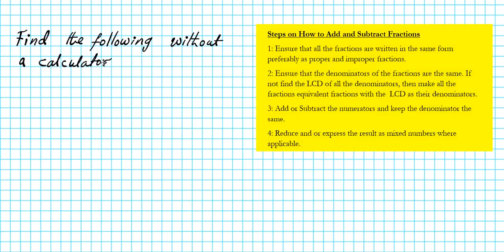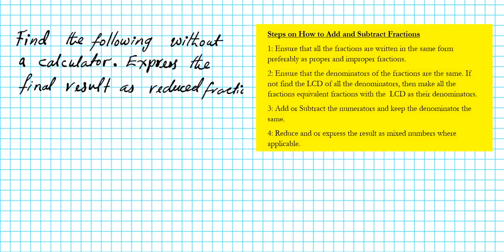And then we are to express the final result as reduced fractions in mixed numbers where applicable. So if we have a situation where we can reduce, we reduce. If we can express the answer as a mixed number, we'll go ahead and do that after the reduction.